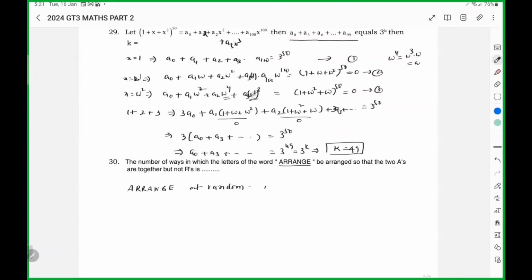In this case, the number of arrangements will be 4 plus 3, 7 factorial, divided by repetitions, R is repeated twice, A repeated. 7, 6, 5, 4, 3, 2 by 4.